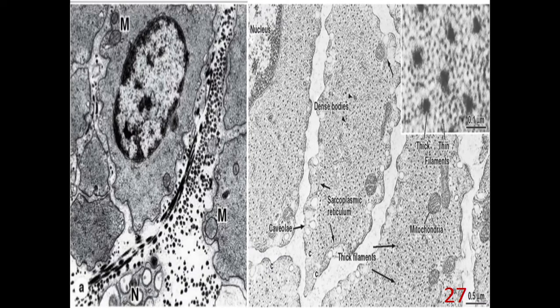Caveola is analogous to the T-tubule in striated muscle, and here we can see the caveola clearly.